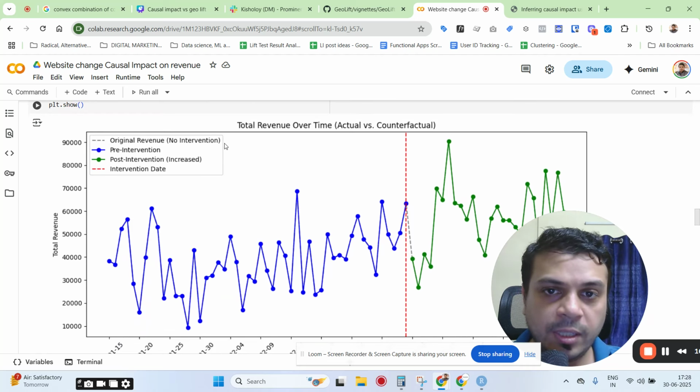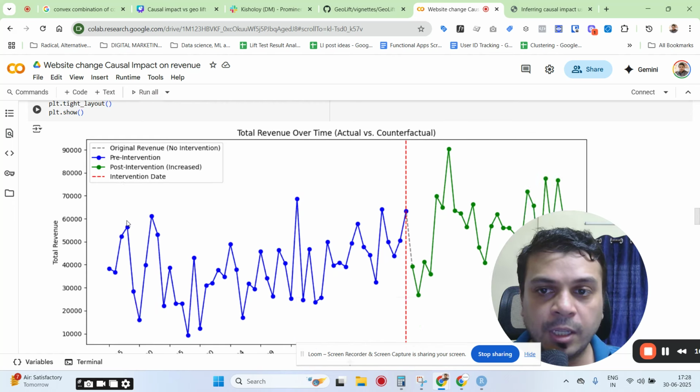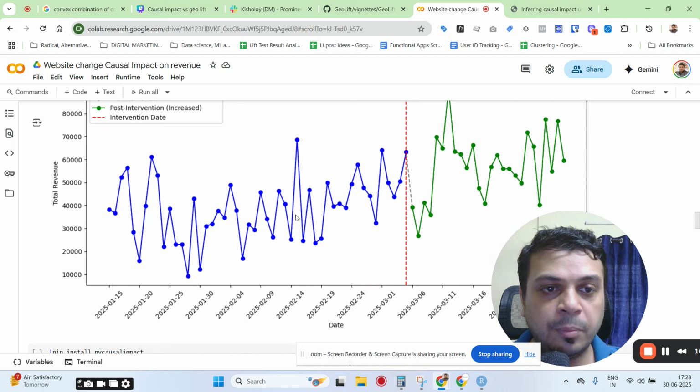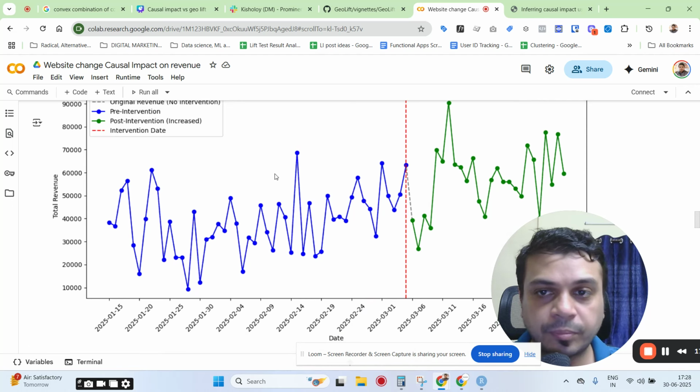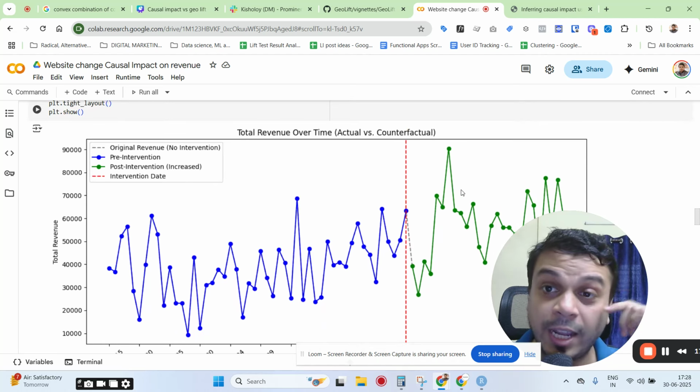This, for instance, is the total revenue plot, and you'll see that the pre-intervention and post-intervention periods have been clearly demarcated, and there was a significant increase in the post-intervention period. Or that's what it would seem like, although there's a rising trend here as well.